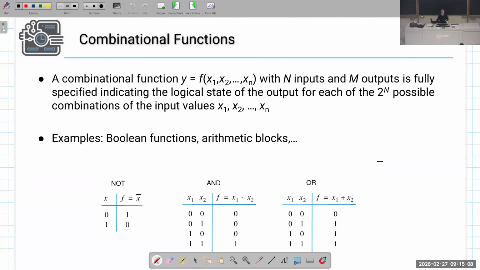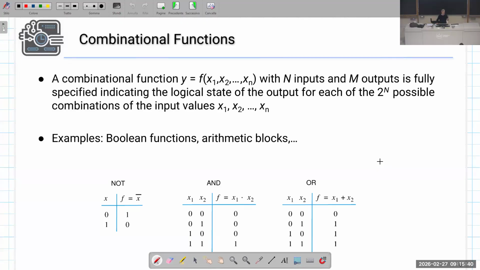Unlike functions on continuous variables that we have studied in mathematical analysis courses, Boolean functions, combinational functions, are defined on Boolean variables, which can just take two values. So they are defined on a finite domain. It includes just two elements, 0 and 1.